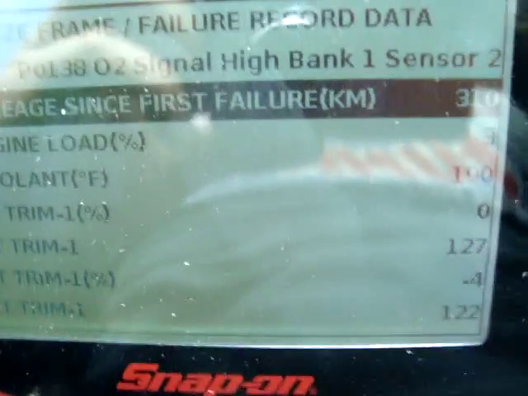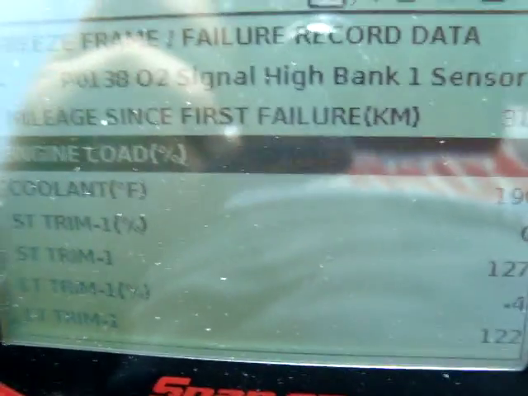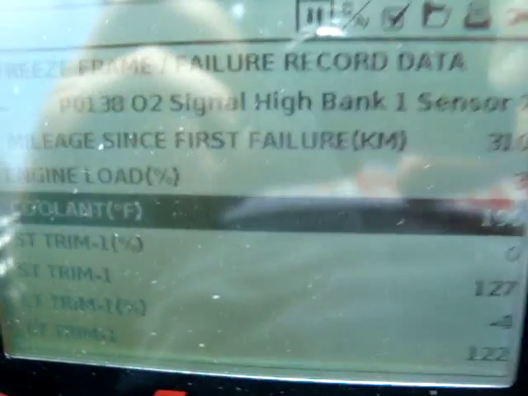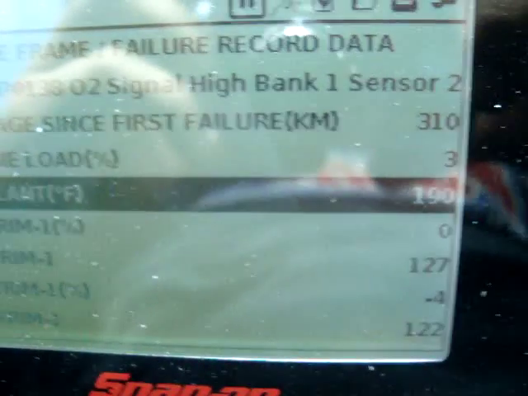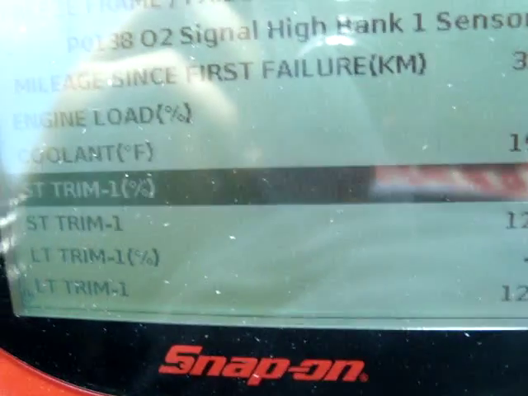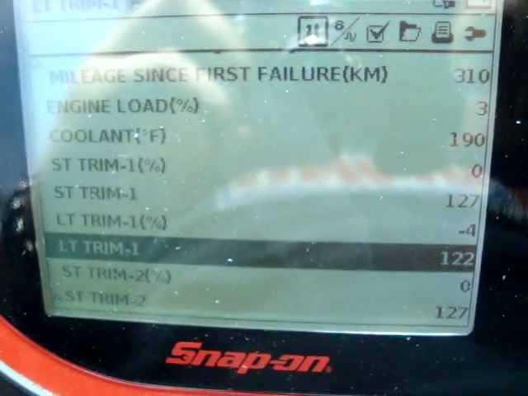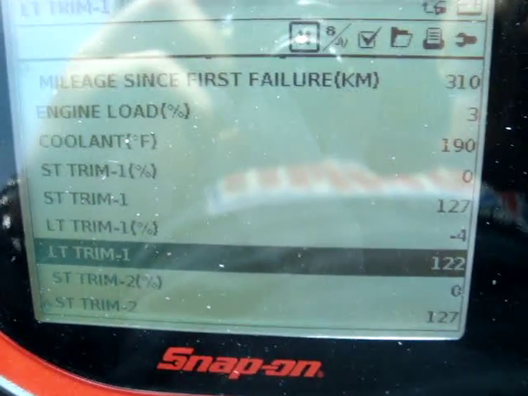mileage since first failure, 310. Engine load percent is 3% when I'm in park. Coolant temperature, everything's in real time. You can watch it change. 190, give a little bit of gas, you can see my fuel trims, how those are doing. Give a little bit of gas. LT1 for bank 1, bank 2.